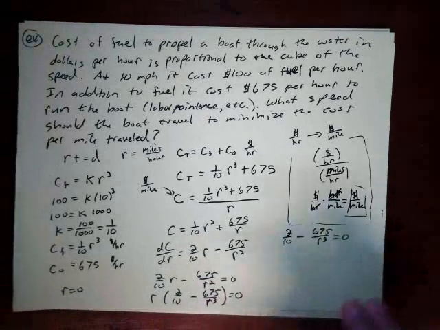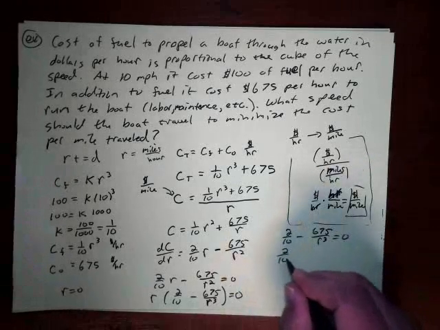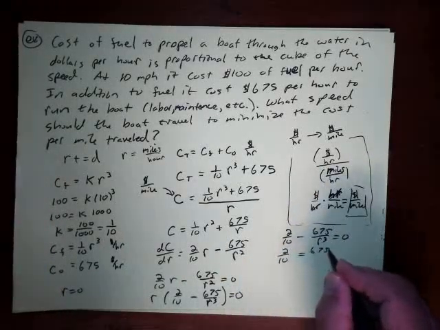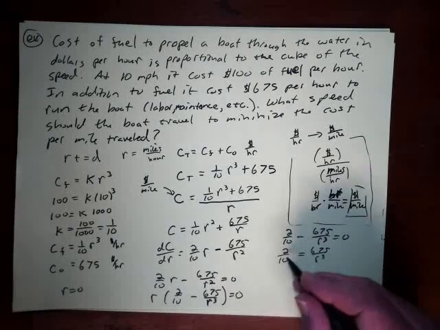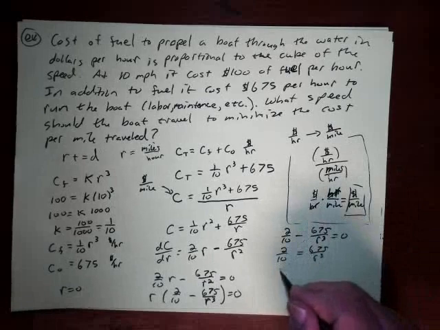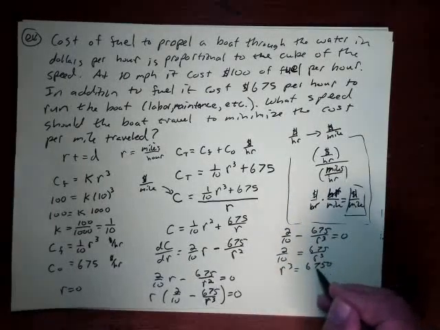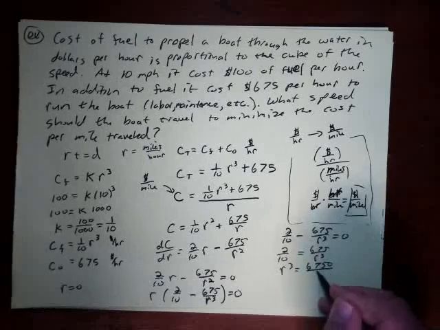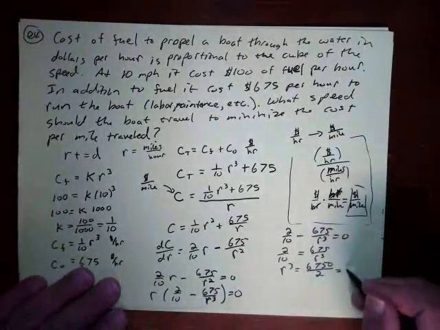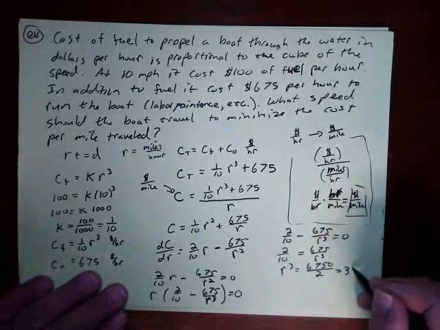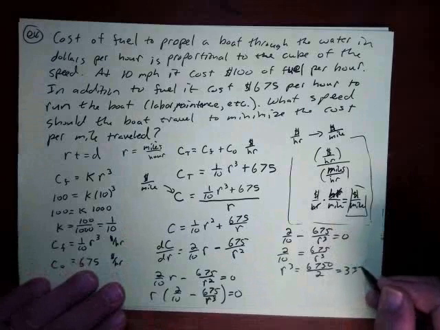Okay? So now, let's solve this. So 2/10 is equal to 675 over R cubed. And so I'm going to move this up there and invert and multiply that over there, so R cubed is equal to 6,750 over 2. And this over 2 is like 3,375.